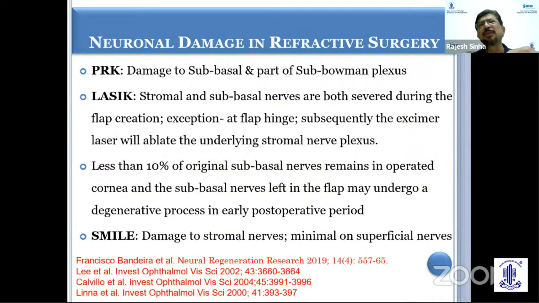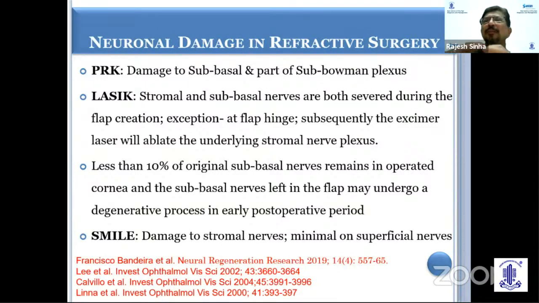Now in PRK, you debride the epithelium and you ablate. So what you damage is most of the subbasal plexus and part of the subbowman's plexus. In LASIK, the stromal and subbasal nerves are both severed during flap creation, except at the area of the hinge, and subsequently the excimer laser ablates the underlying stromal nerve plexus.